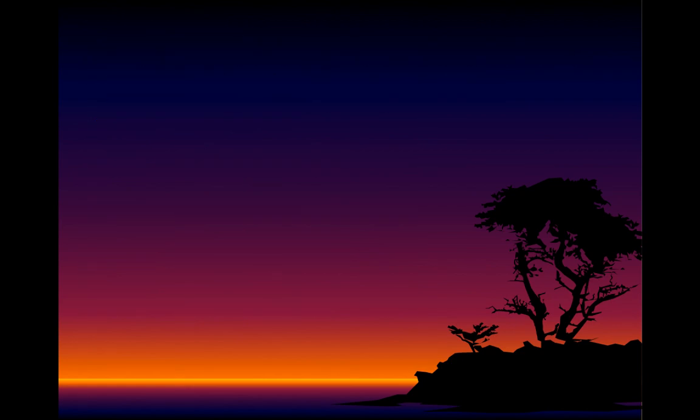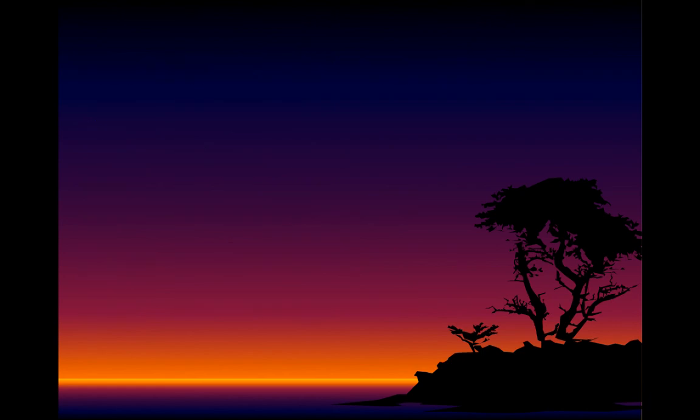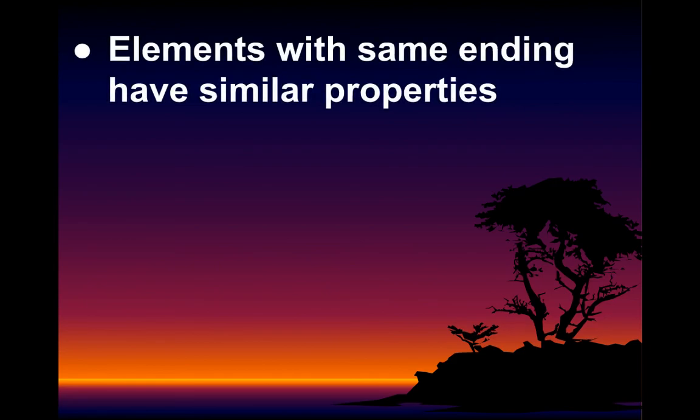Moving on. You should be asking a very important question now. What the heck does this mean? Who cares? This is just a bunch of letters and numbers. It's fun once you figure it out, but it's actually useful. See, the ending of the electron configuration tells you something about the properties of those elements.